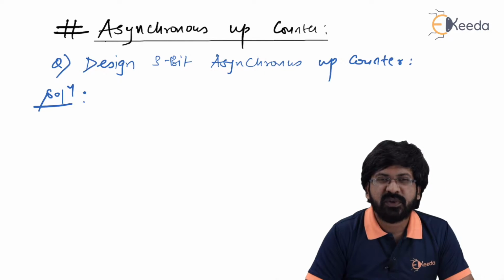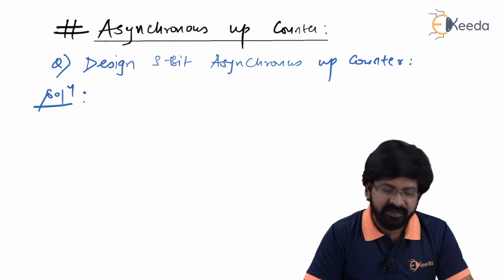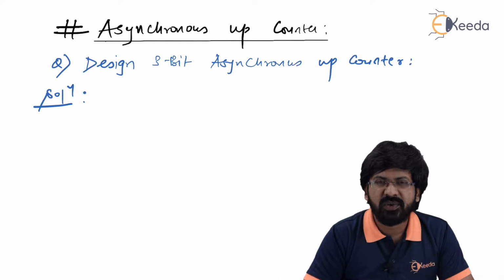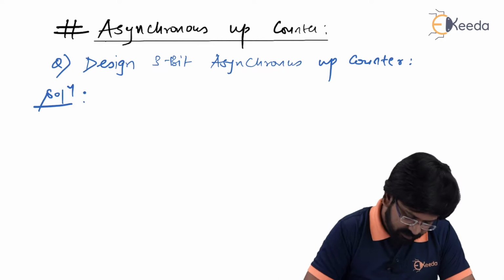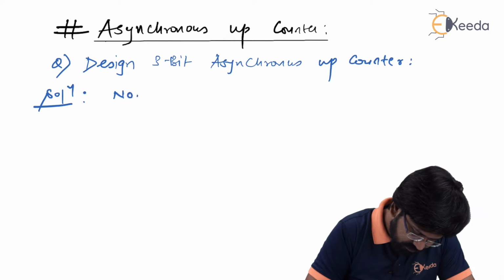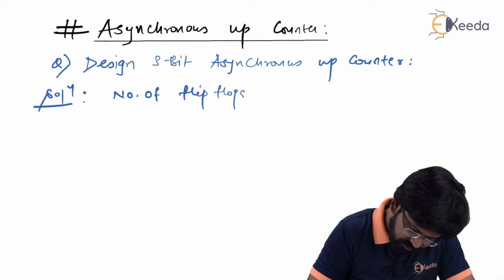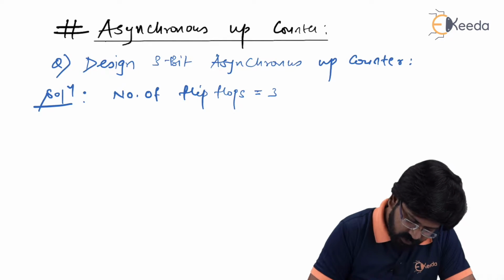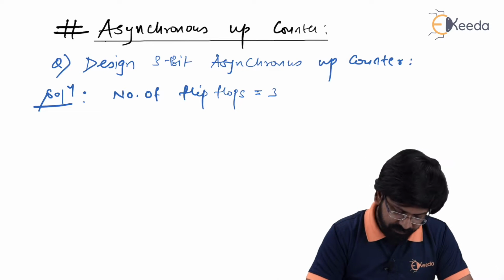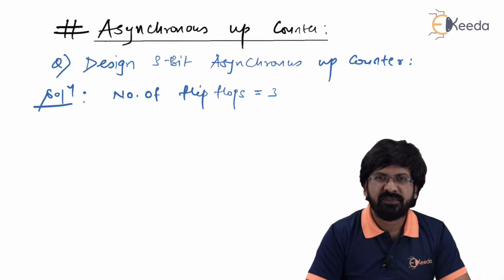To begin, first of all you need to decide how many flip-flops are needed. It's common sense: a 3-bit asynchronous counter means you require 3 flip-flops. So the number of flip-flops required is equal to 3. After that, let us draw 3 flip-flops.